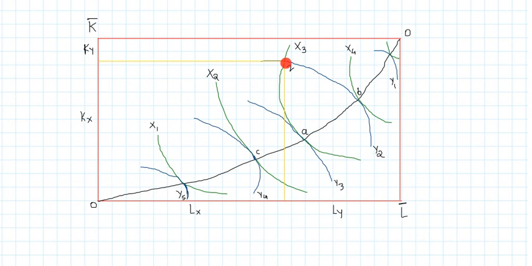Supposing you are moving from Z to B or Z to A, you will find that more labor would be used and less capital would be used if you are at point B, and as you move from X3 to X4, it's increasing the output of X commodity, and if you're moving from Z to A, it's increasing the quantity of output of Y commodity. So the output quantities of at least one or both are increasing. So Z does not give us the efficient allocation of inputs.